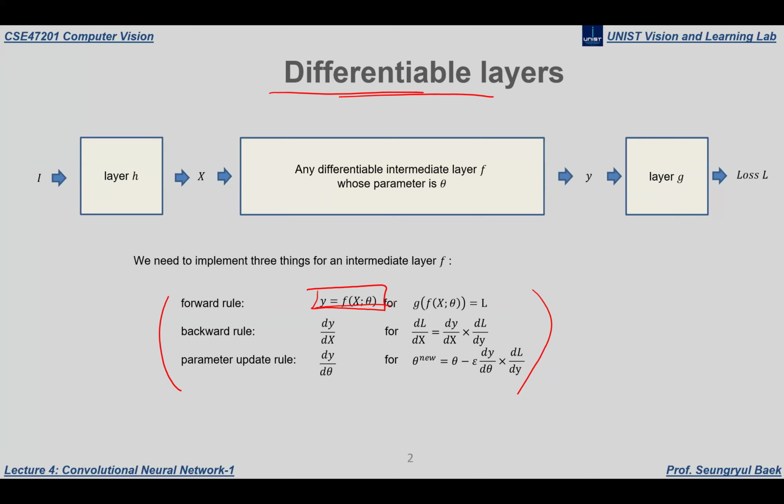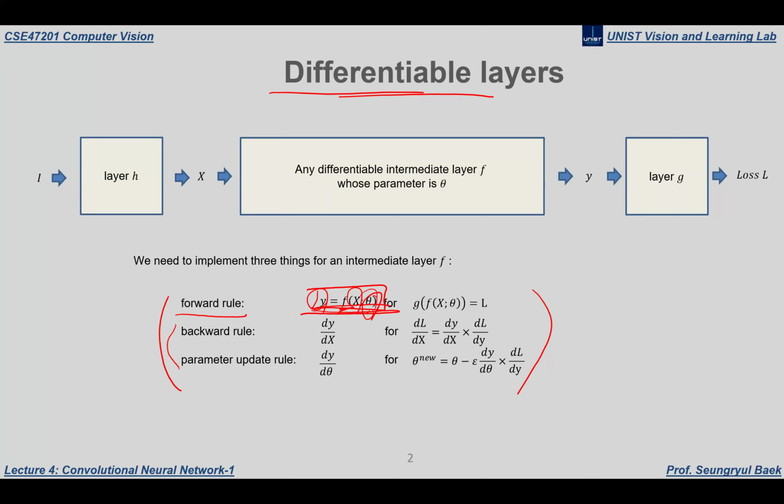We call the rule that propagates the input x to the output y the forward rule. Inside that f function, there is some parameter vector θ. So this is the forward rule that decides how the input x is processed to output the y.